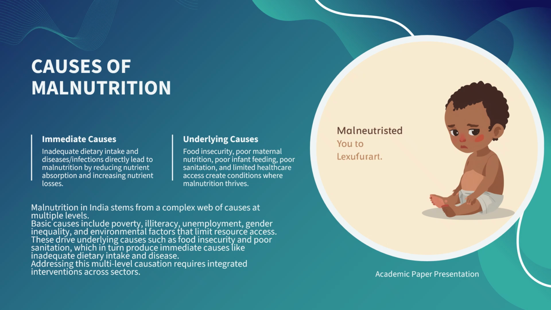These multi-level causes require rigorous and integrated interventions across sectors to remove malnutrition. So this is the need for an integrated approach. The causes lie at multiple sectors and levels, not a single one, so it requires an integrated approach.